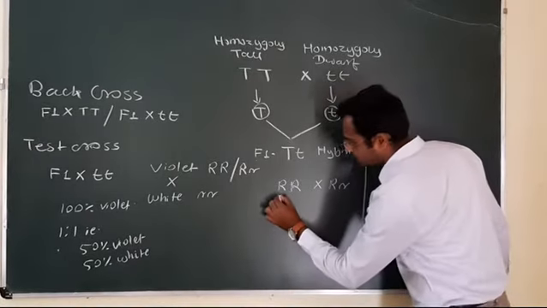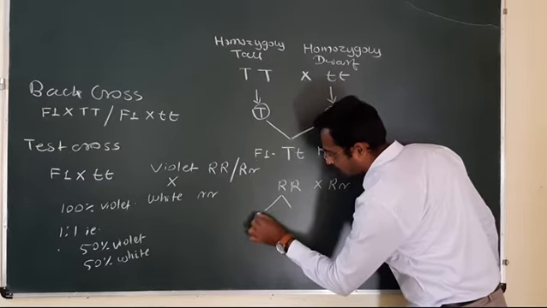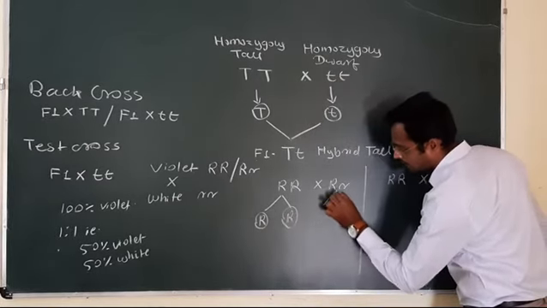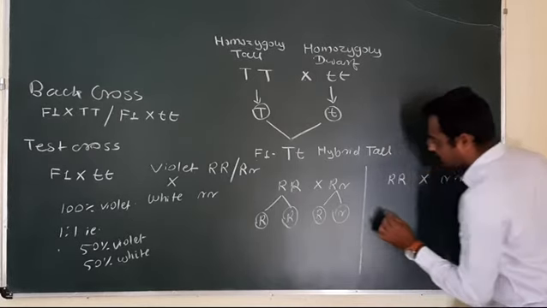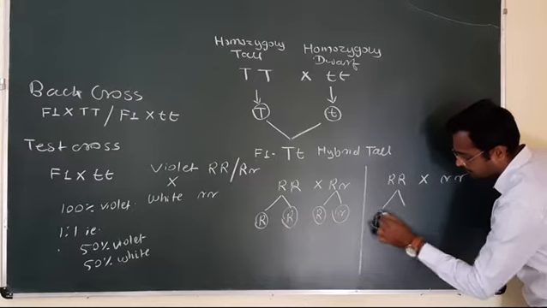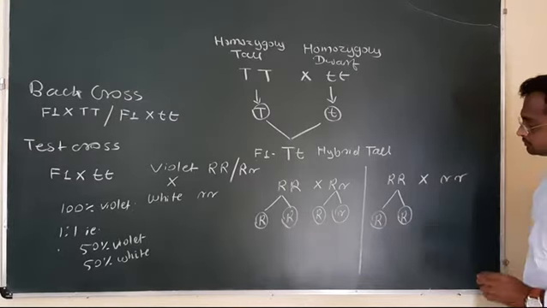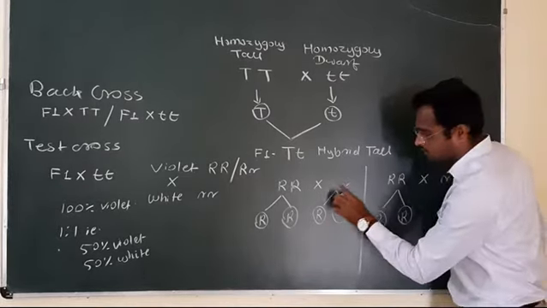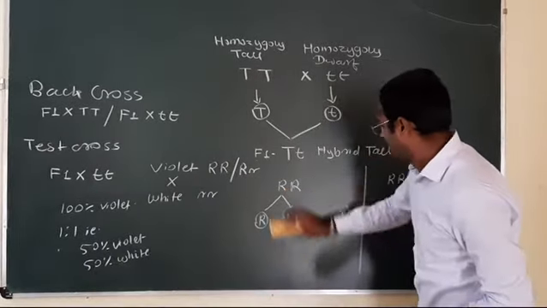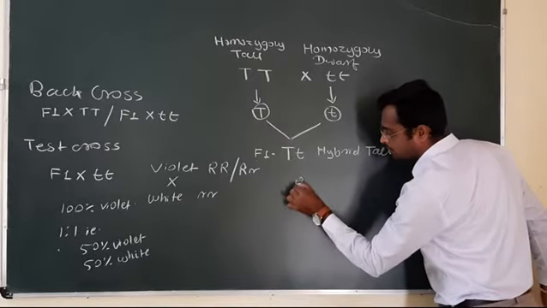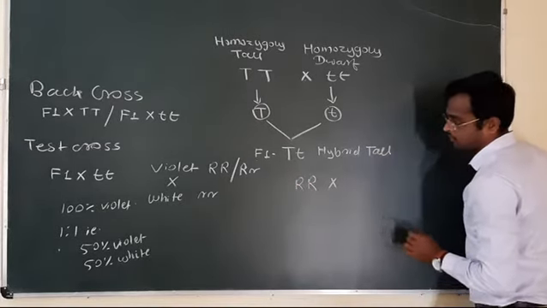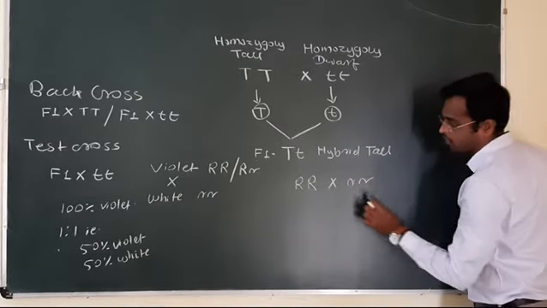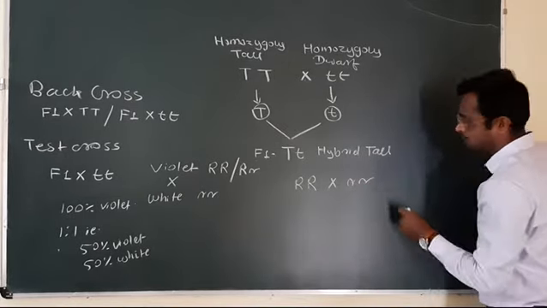Here, the gametes formed are capital R, and small r.